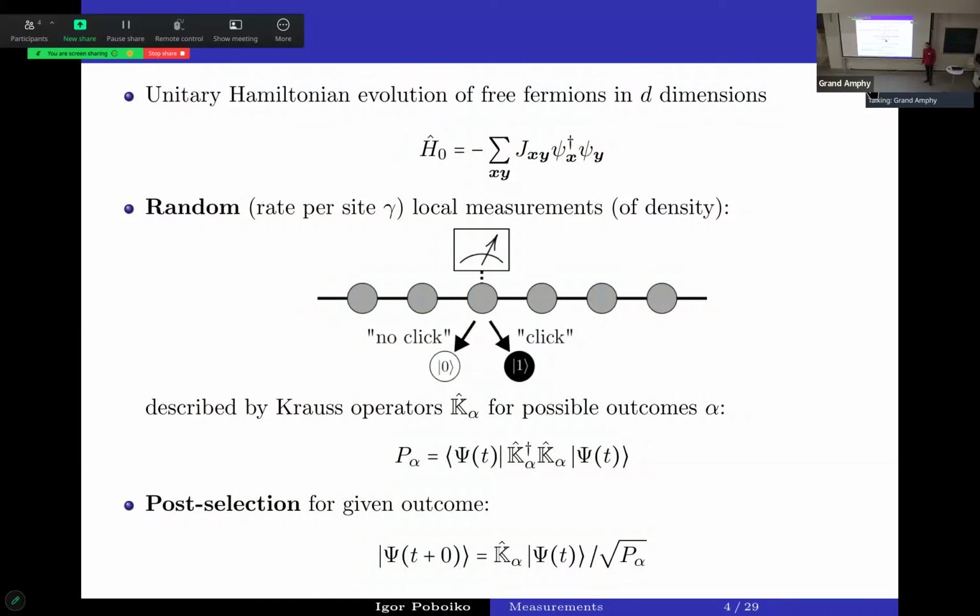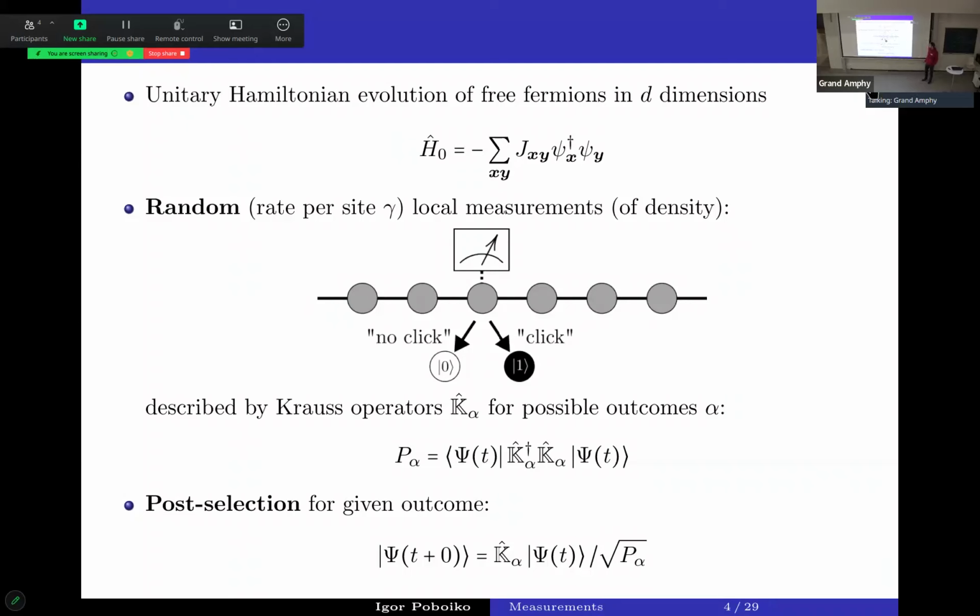But apart from the standard Hamiltonian evolution, you also include randomness in the sense of random local measurements of some operators. In our case, it will be density, but again, I'll try to be as generic as possible. So in my measurements, at some point I have my Kraus operators, I'll be working in the Kraus operator formalism.